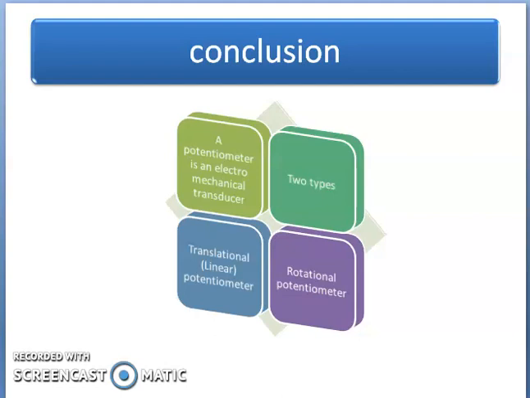After that, we came to the potentiometer, and we defined the potentiometer as an electromechanical device that converts displacement or mechanical energy into a voltage. And after that, we discussed the types of potentiometer. There are mainly two types: the first is the translational or linear potentiometer, and the second is the rotational potentiometer.